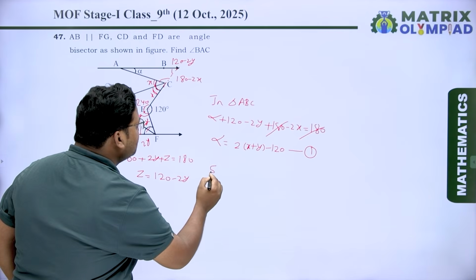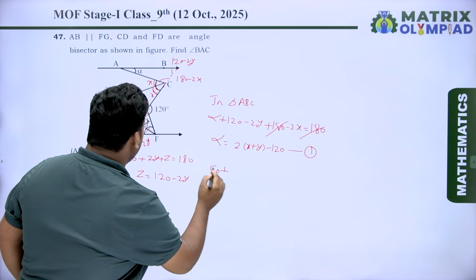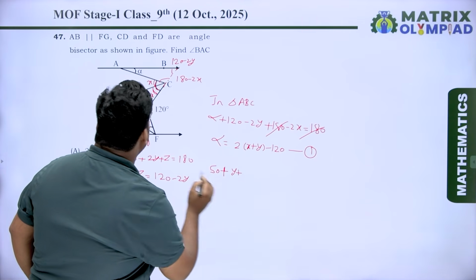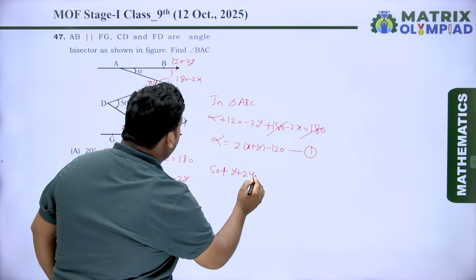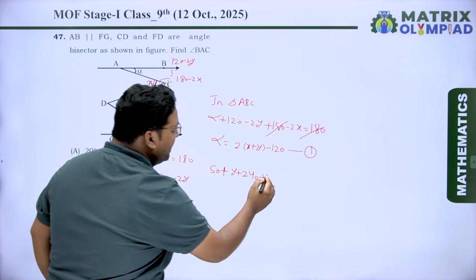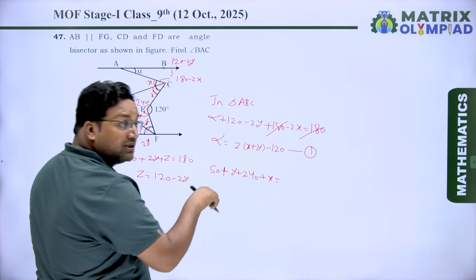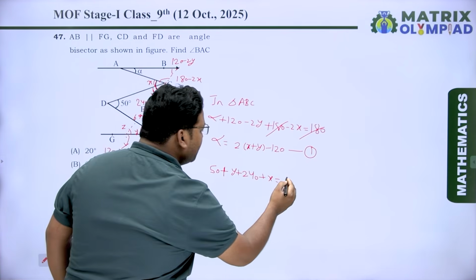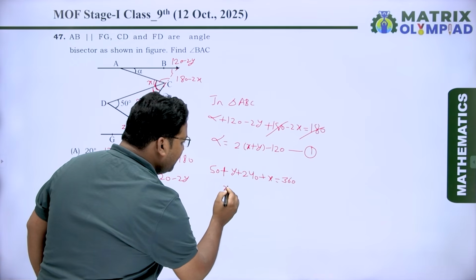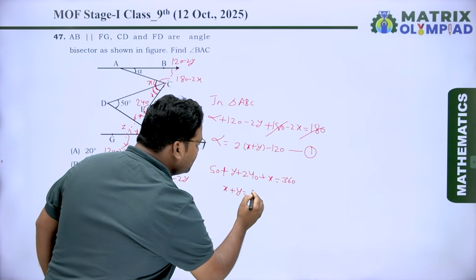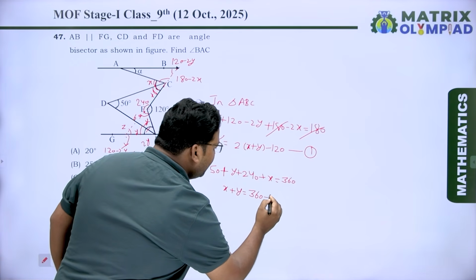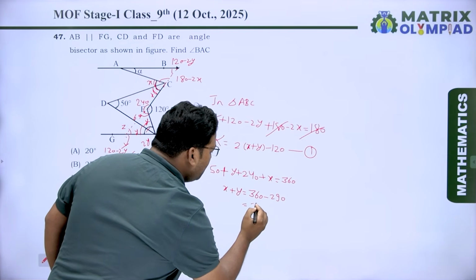So angle D is 50 degrees plus angle F is y plus angle E is 240 degrees plus angle C is x, and the sum of all these angles is 360 degrees. From here we will get the value of x plus y is 360 minus 290, which is equal to 70 degrees.